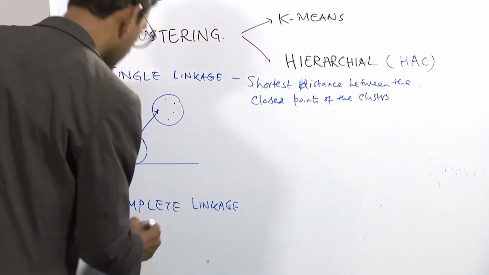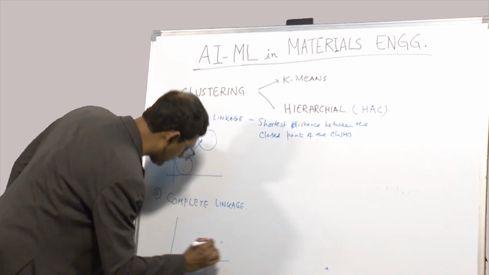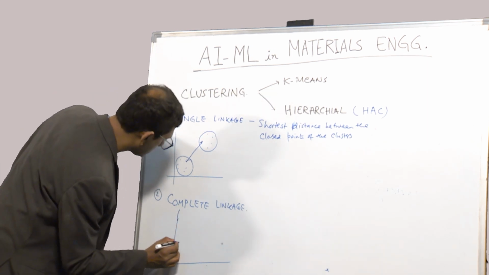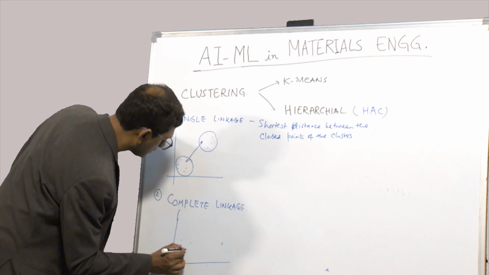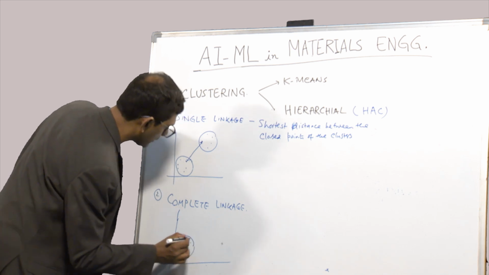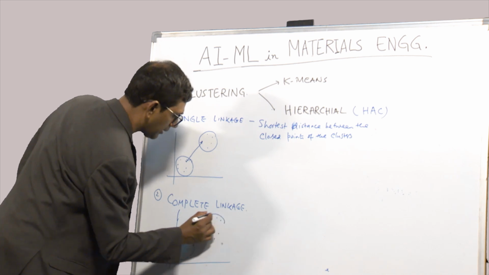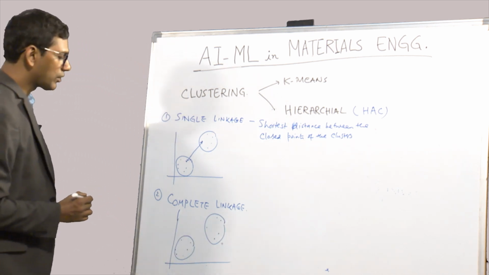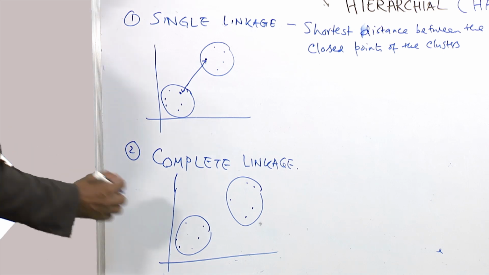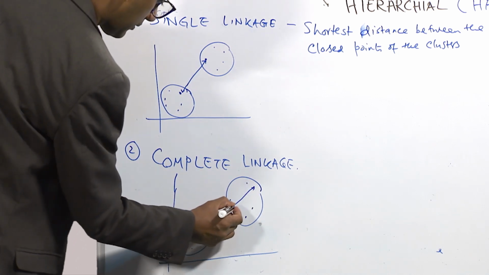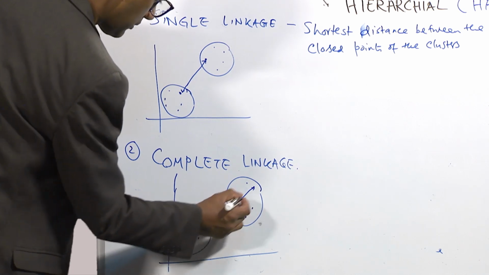So, farthest distance. If I have to draw the same thing here, this is one cluster, then another cluster. This is talking about the farthest distance, right. So, this point and this point, that is what it is.